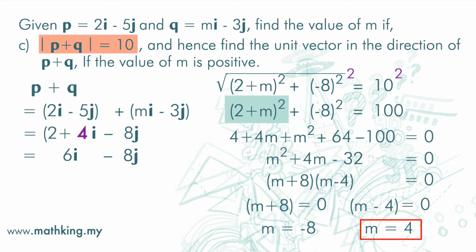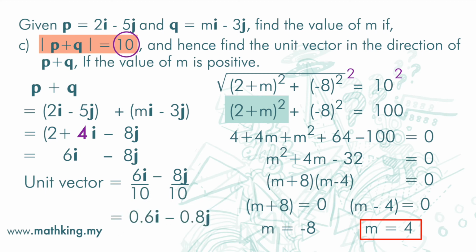To get the unit vector in the direction of vector p plus q, we divide i and j with the magnitude of vector p plus q, which is 10, given by question C. So we get 0.6i minus 0.8j.